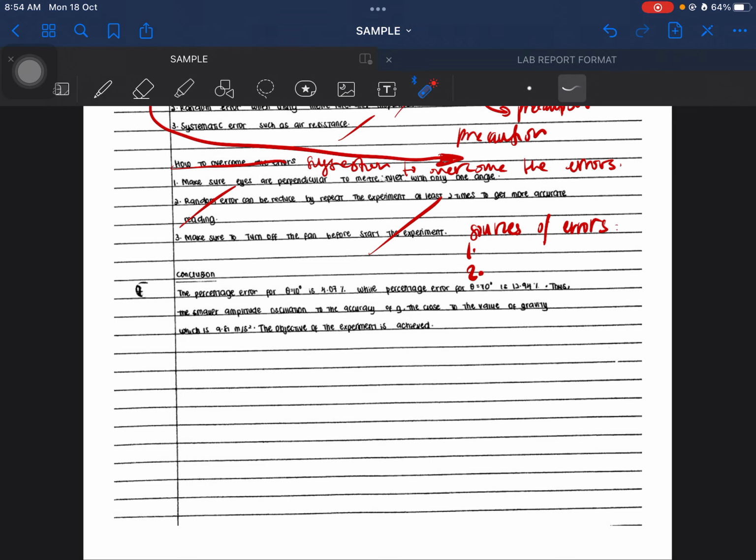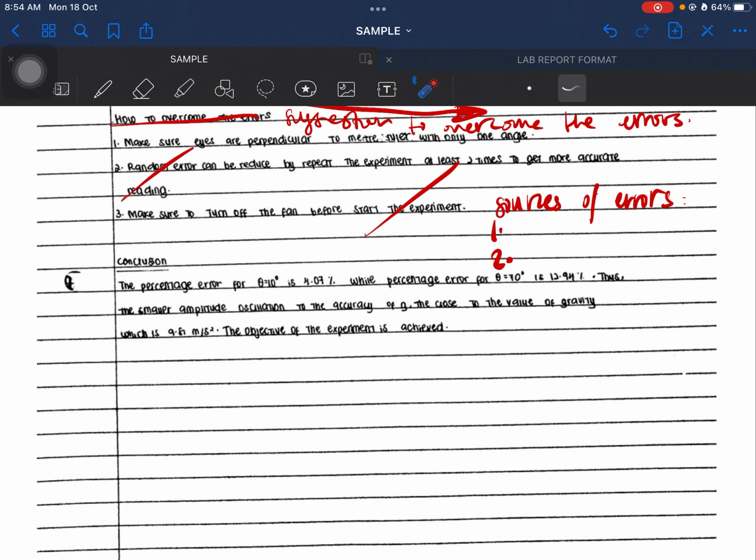And then conclusion, just 1 mark. You should state the experimental value with the correct unit. Oh, you don't actually have to do that. You just have to state whether the objective is achieved or not. And then state the value you obtain from the experiment.